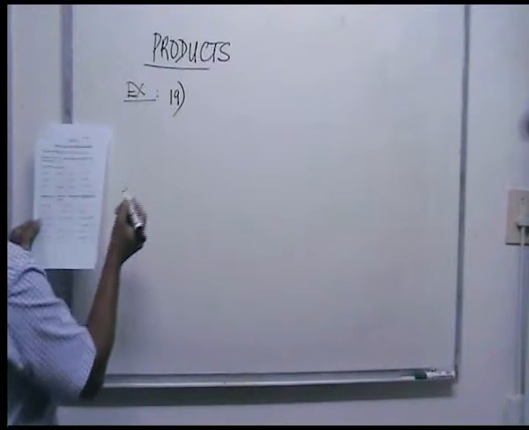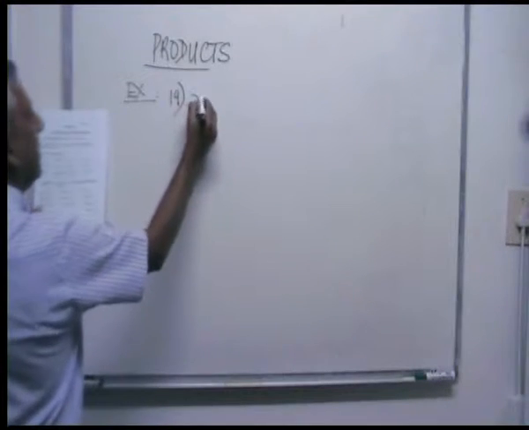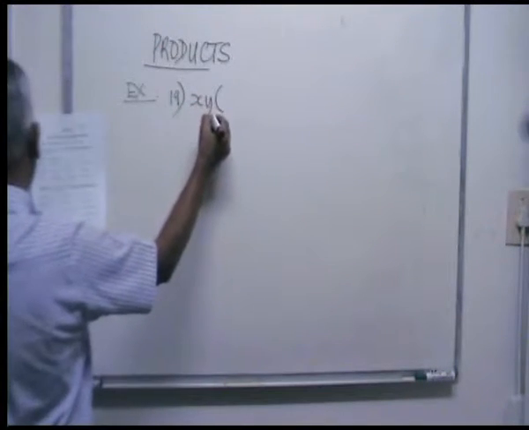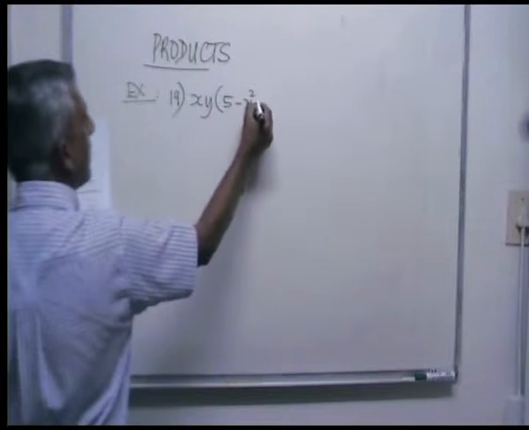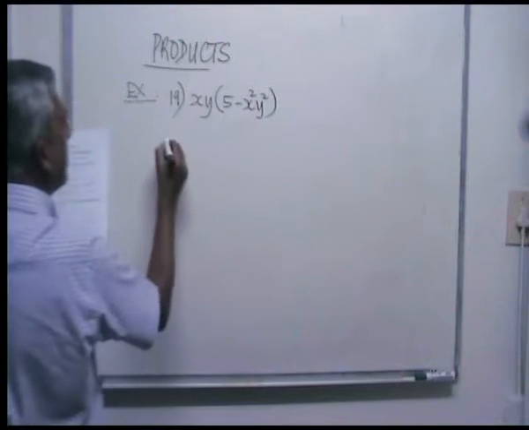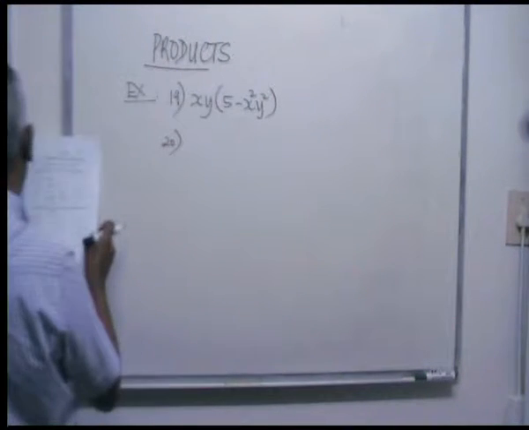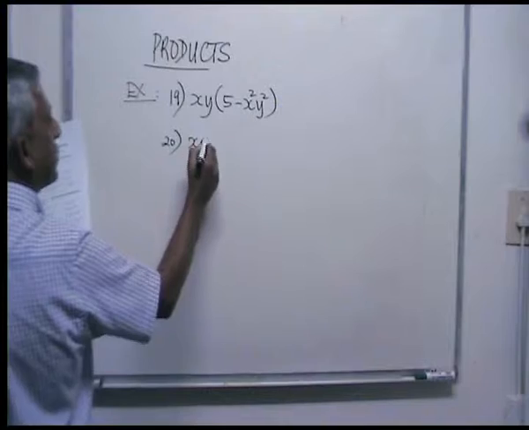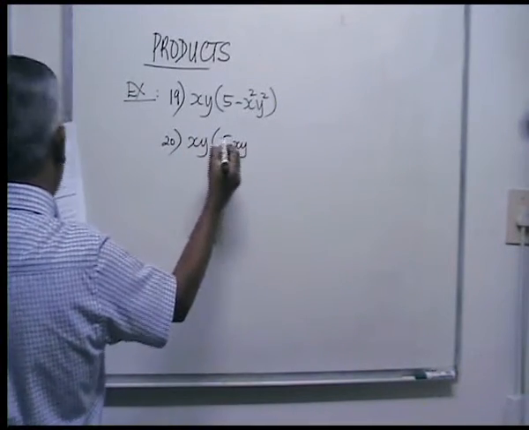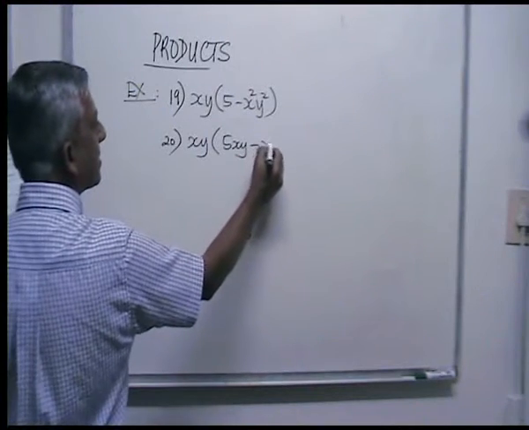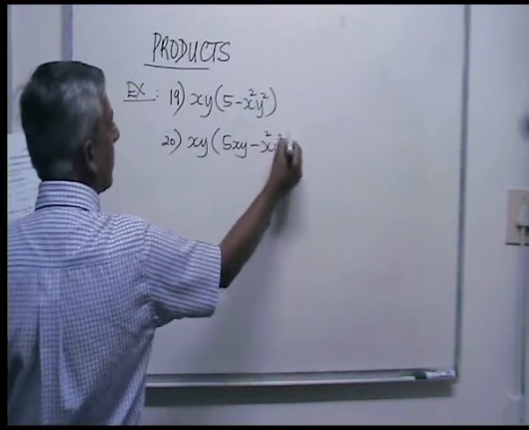Let's move on, let's give you more examples. Number 19, xy times 5 minus x squared y squared. Number 20, xy times 5xy minus x squared y squared.